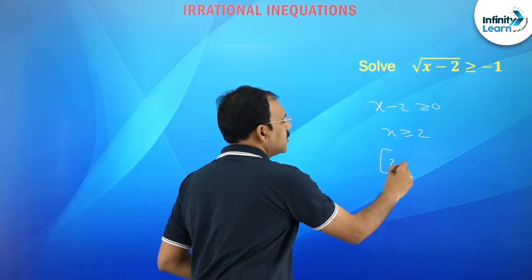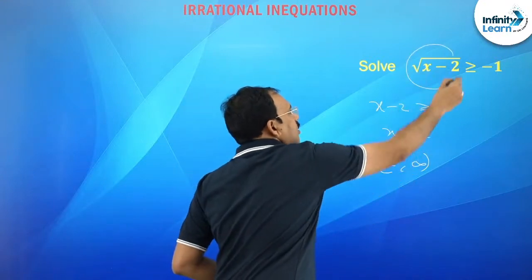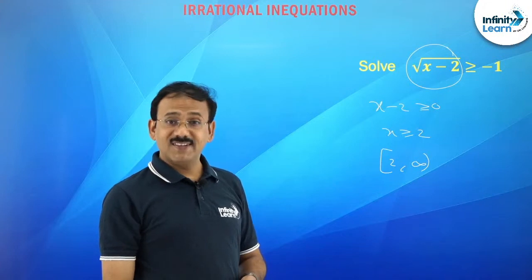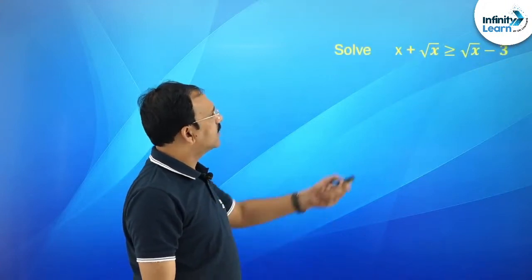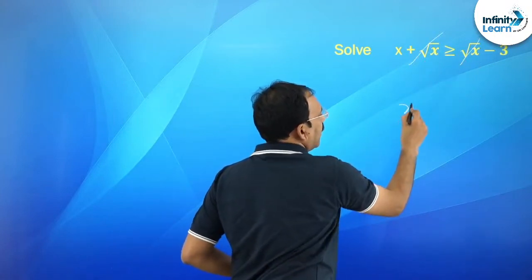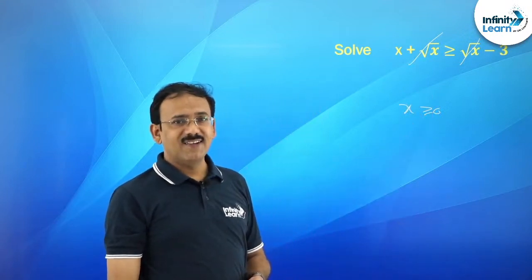So the solution set is 2 to infinity, because for all these values this is either 0 or positive, which is always greater than or equal to minus 1, right, dear students. Fine. The same thing, many students feel like this, but this is okay, but the x greater than or equal to 0 condition is there. Okay, friends, fine.